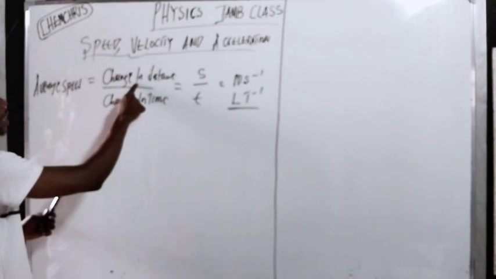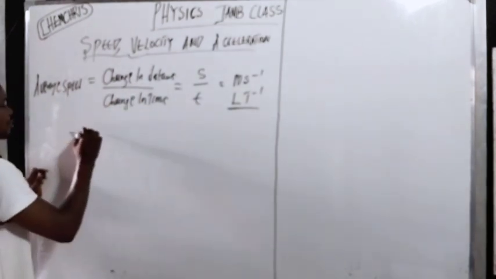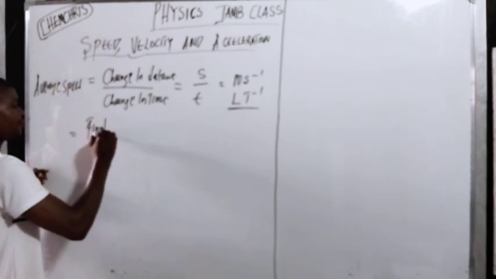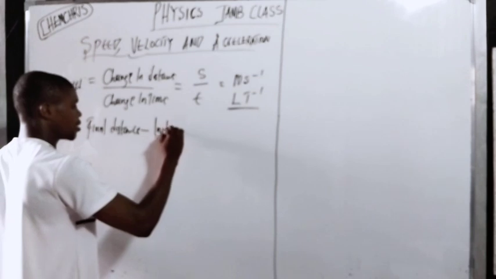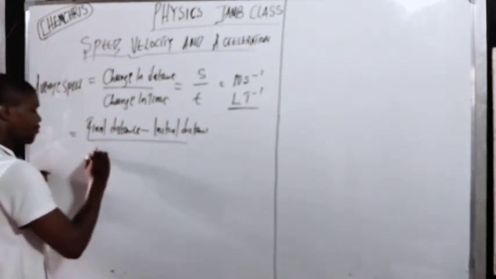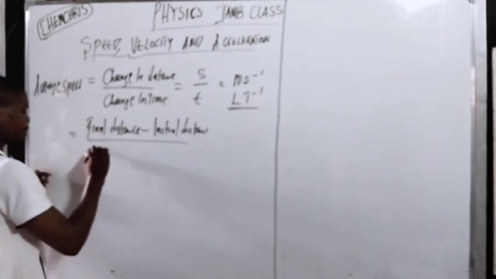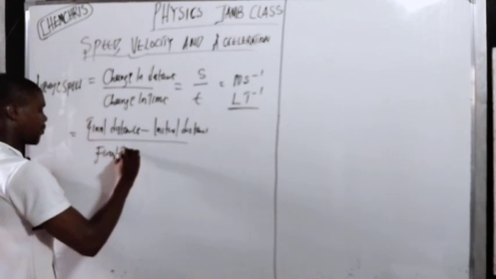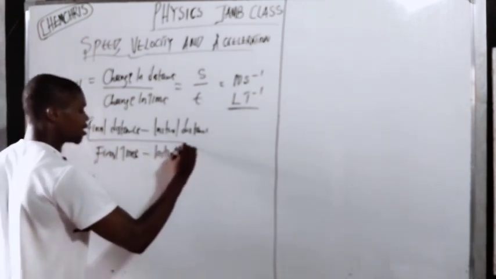Now when I talk about change in distance, it means final distance minus initial distance, and change in time is final time minus initial time.